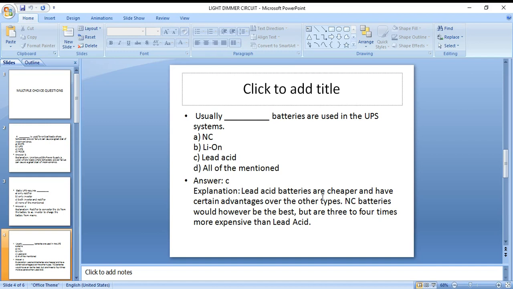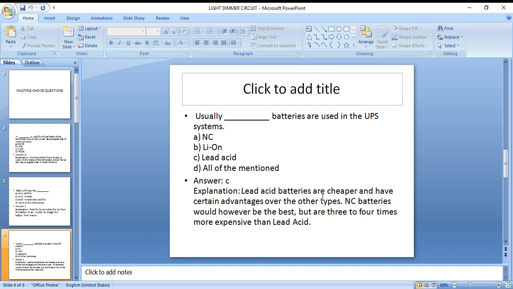For low rating UPS, where the interruption is small, we go for maintenance free batteries, sealed maintenance free batteries, SMF batteries. If the rating of the UPS is more, then we go for lead acid batteries. So the answer is C.